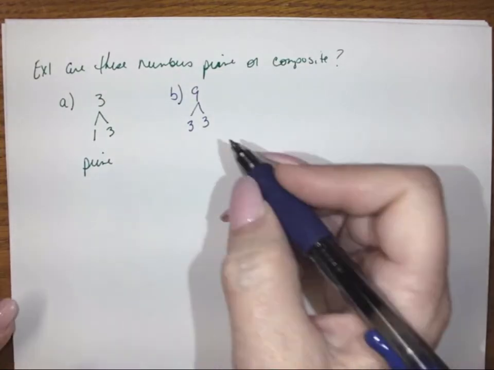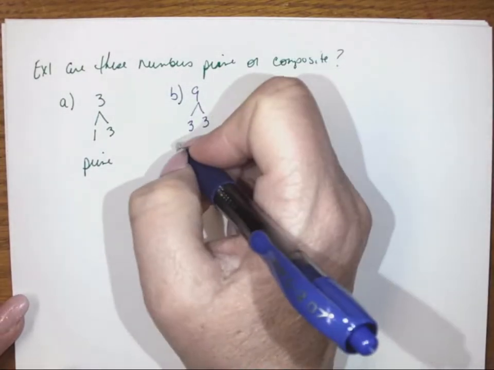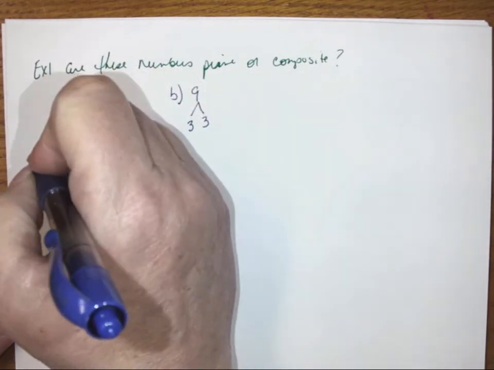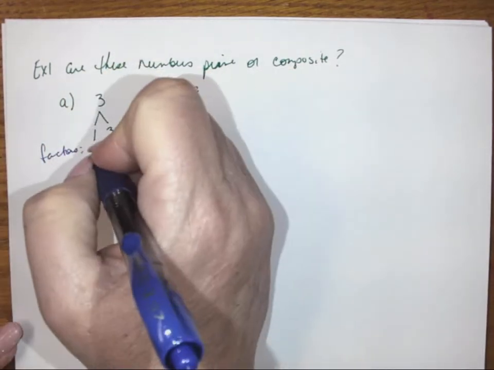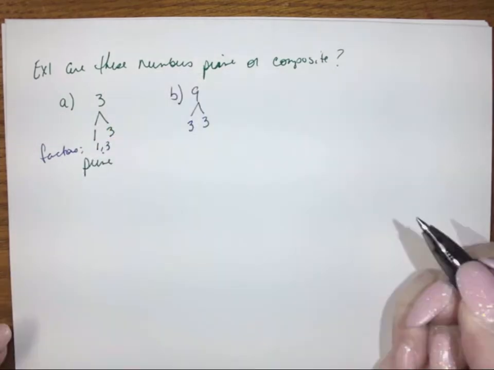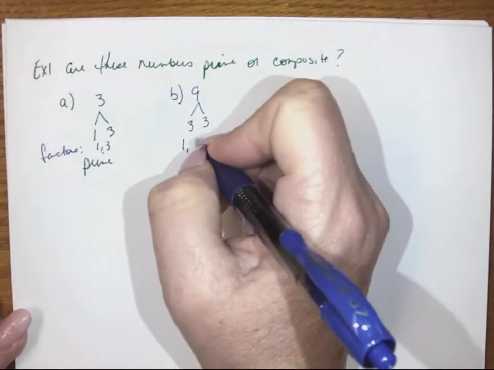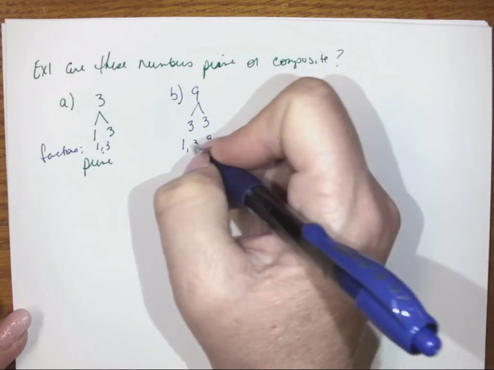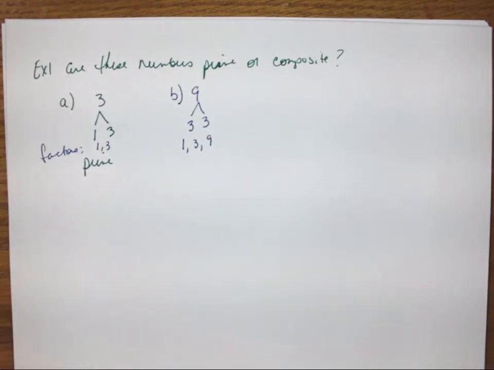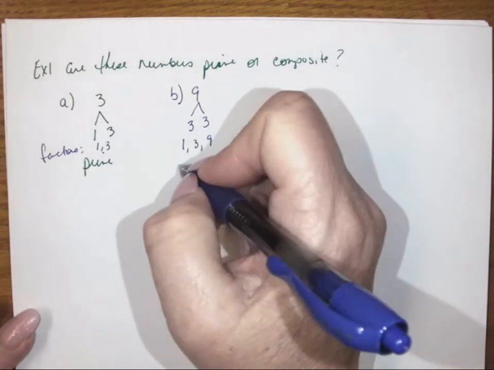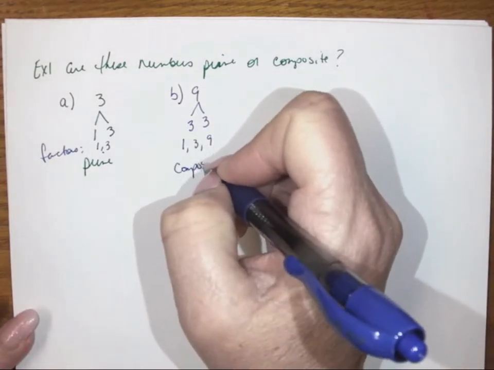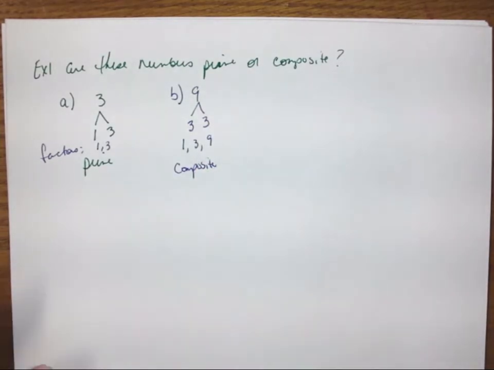If I want to list the factors, I could. So let's write factors over here. In the first problem it would be 1, 3. In this one, it would be 1, 3, 9. You wouldn't repeat the factors. We're not doing prime factorization where we'll group them. We're just looking at what they all are. So this tells me this is composite.